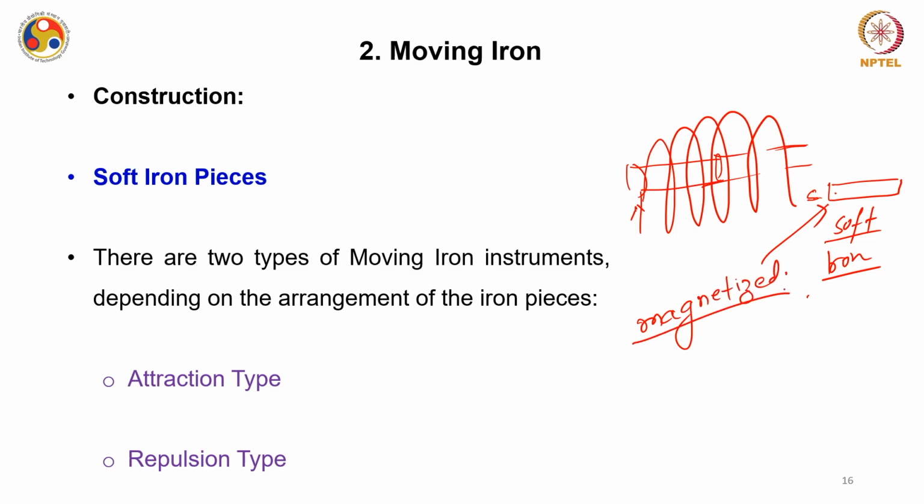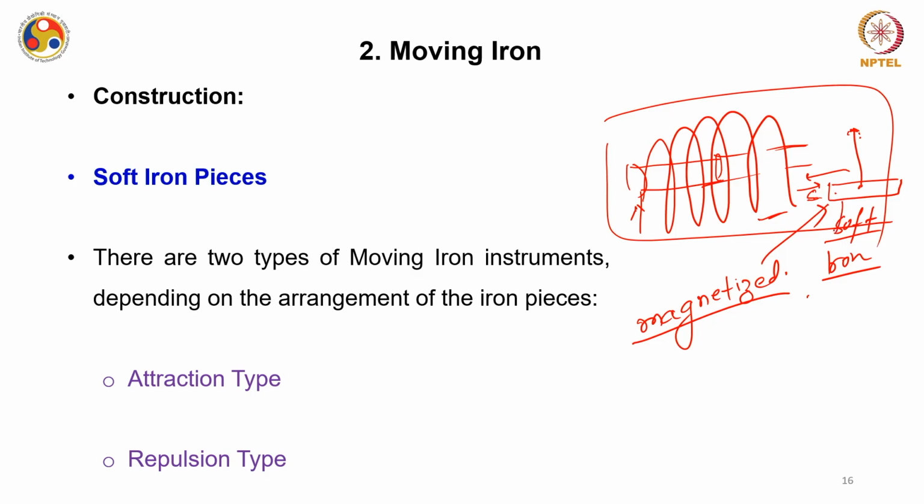Now when this is magnetized and you try to bring it near, say if you attach a pointer to this, what will happen is this coil will try to repel it. Because of that, the pointer will have a certain movement. If you remember, we have talked about this. Based on what kind of principle it is using, you have either attraction type or repulsion type.